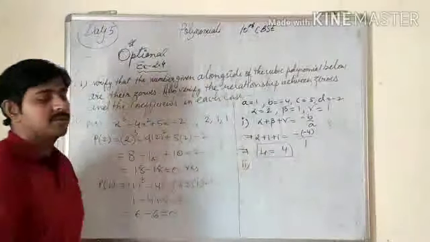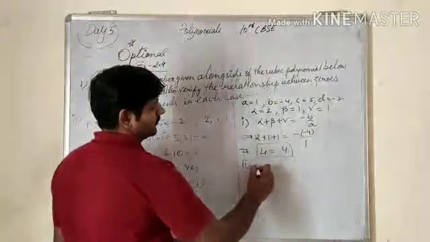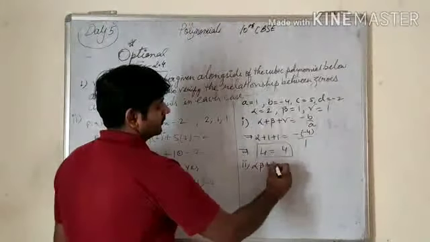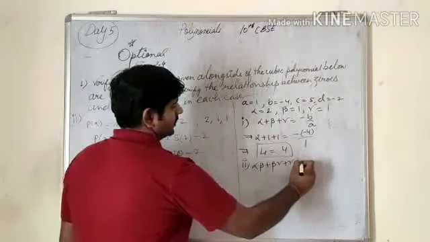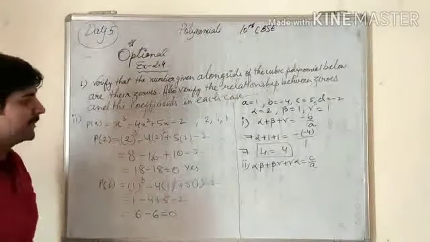Second relation is the sum of product of two zeros at a time. Alpha beta, beta gamma, gamma alpha equals c upon a. Let's apply now.